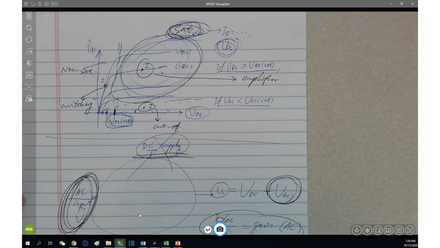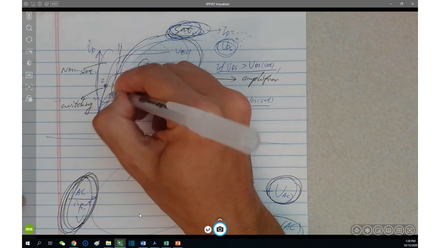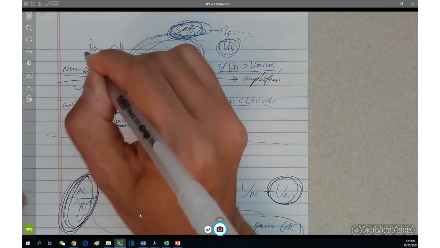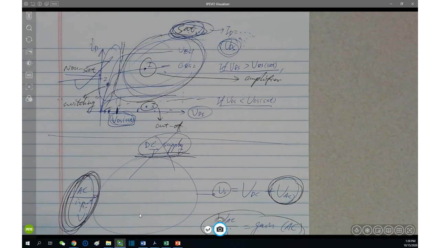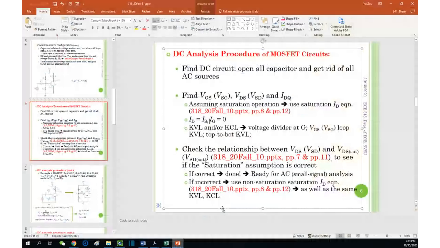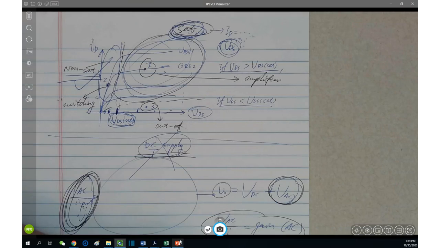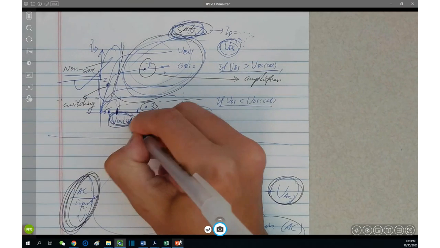The assumption is wrong means what? It is in the non-saturation region. This is the case. Then you need to compare VDS with the VDS saturation. How to find the VDS saturation boundary, which means how to find this voltage?